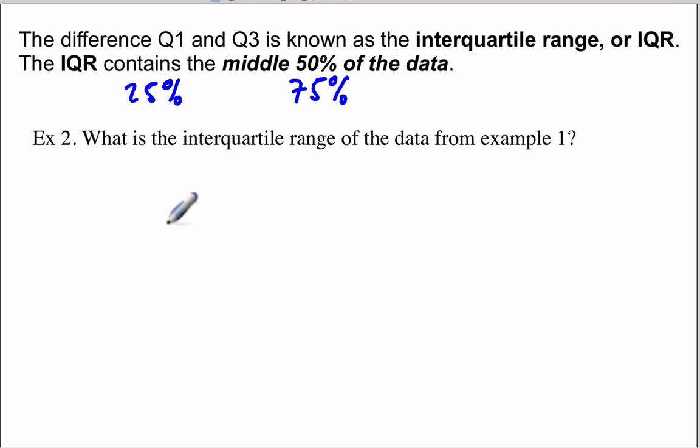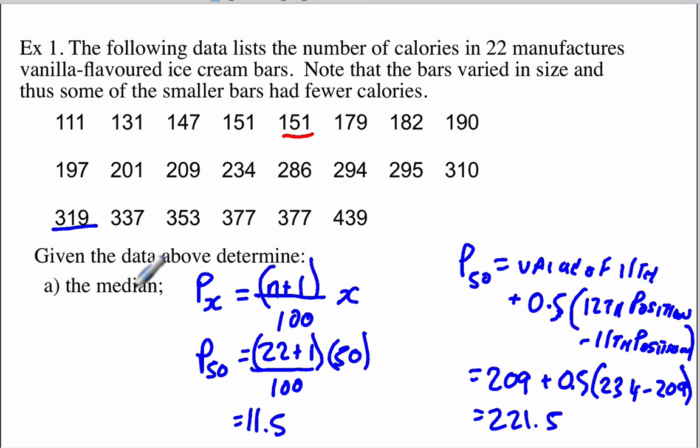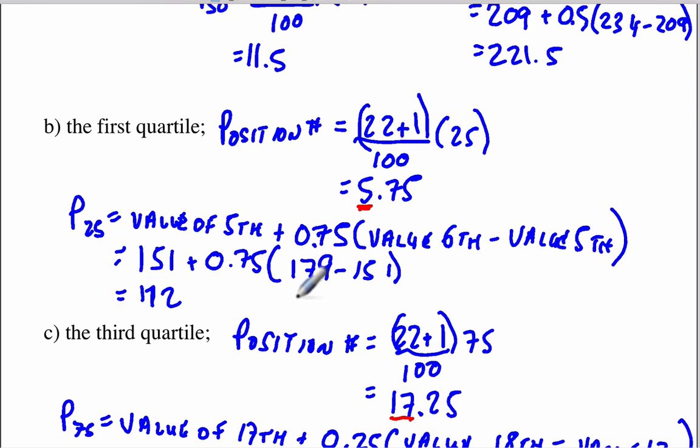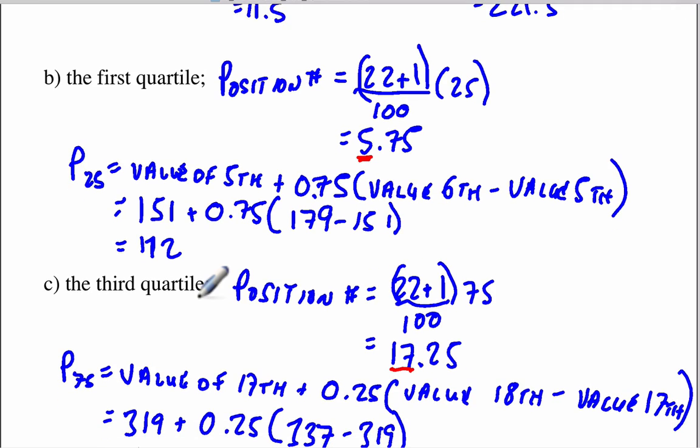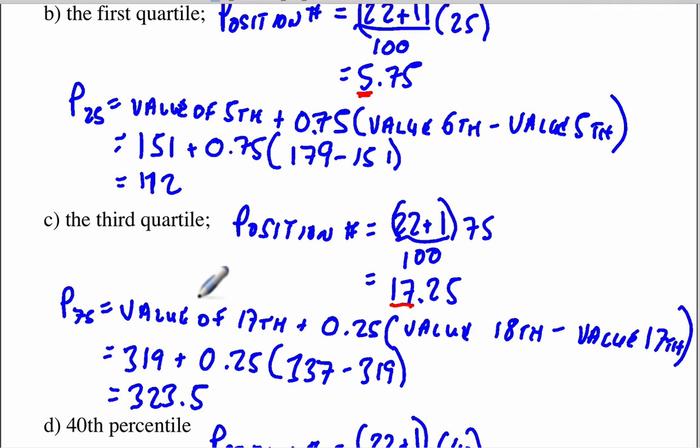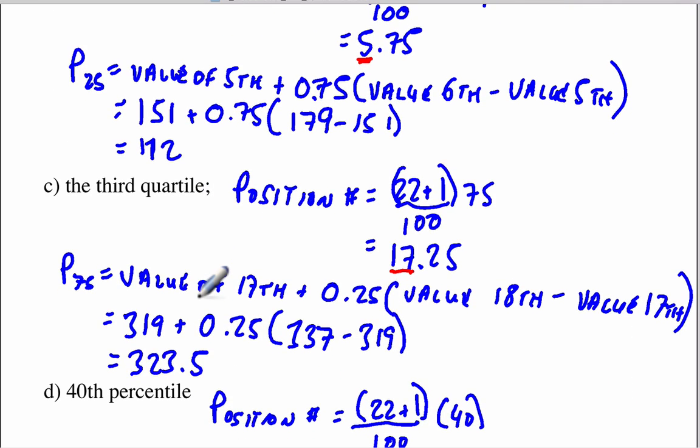So the interquartile range from example 1, well, if we go back and look at our first quartile was 172, and our third quartile was 323.5.